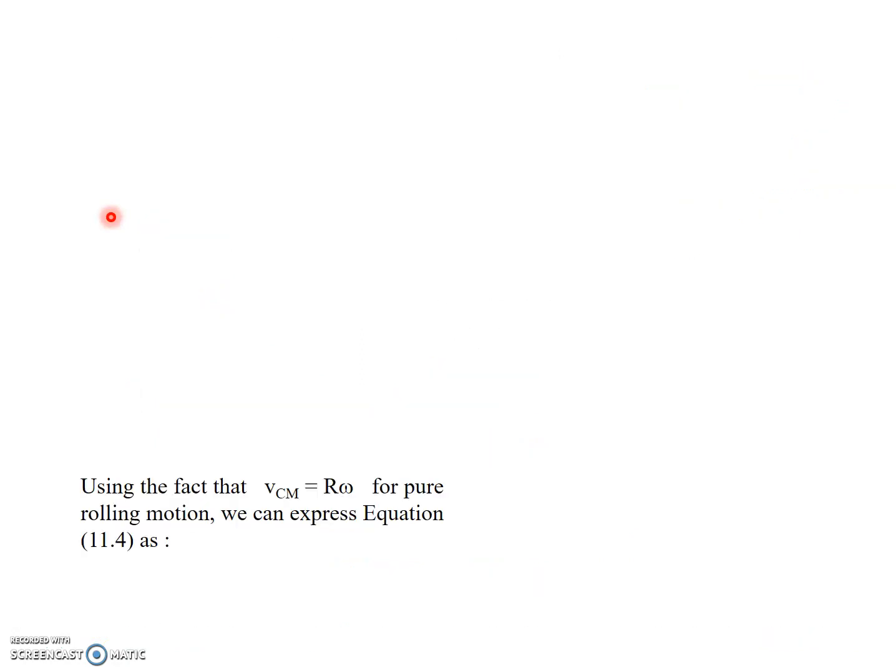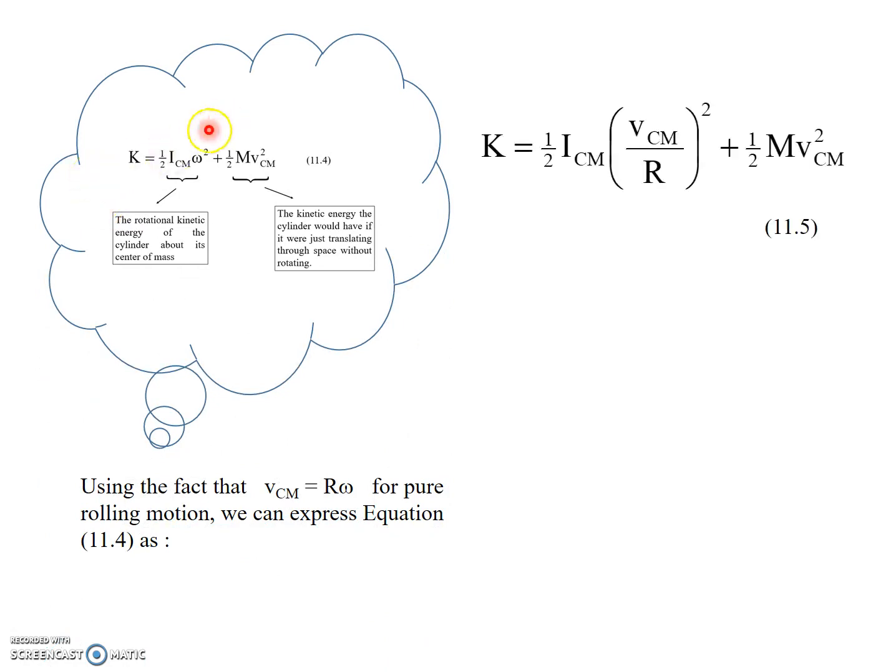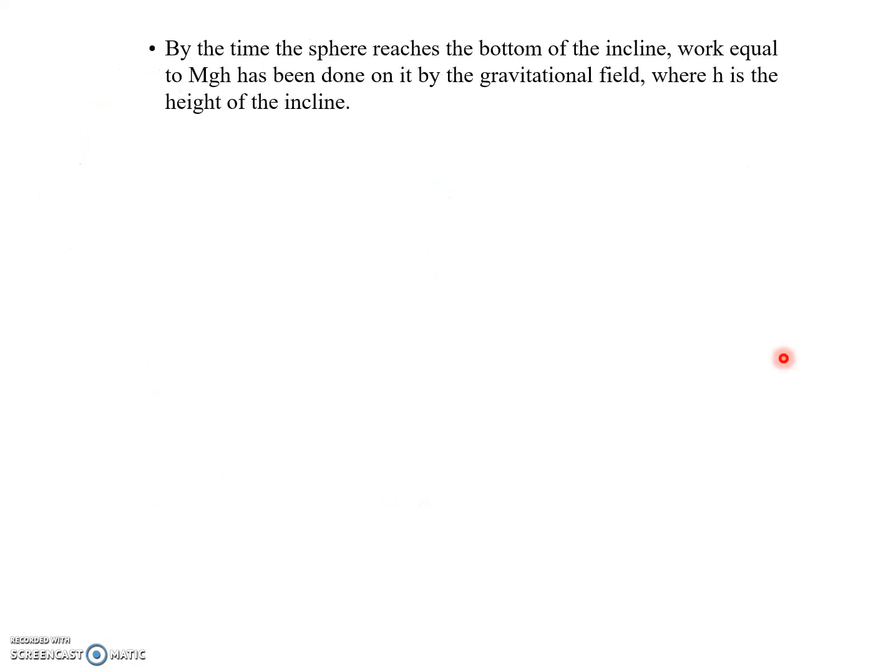Using the fact that v_CM equals R omega for pure rolling motion, from equation 11.4, if you still remember, we can replace omega squared with v_CM over R. So this equation will be rearranged to become K equals 1/2 (I_CM over R squared plus M) v_CM squared. For this equation, we use the conservation of energy, which is K_i plus U_i equals K_f plus U_f.